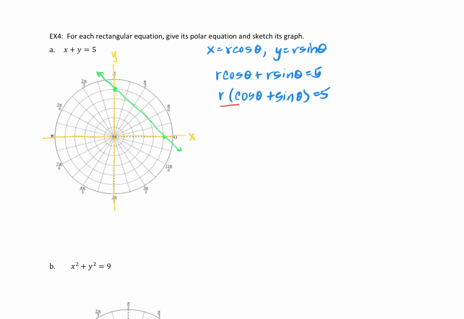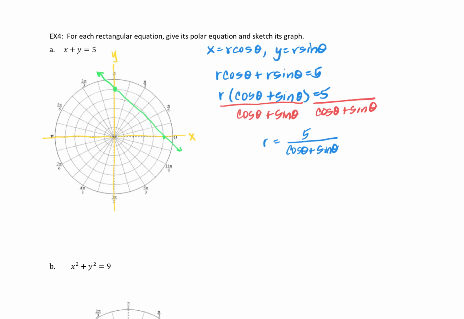So if I just divide both sides of this equation by cosine of theta plus sine of theta, then on the left-hand side, the cosine theta plus sine theta cancels, and I get r is equal to 5 over cosine of theta plus sine of theta.